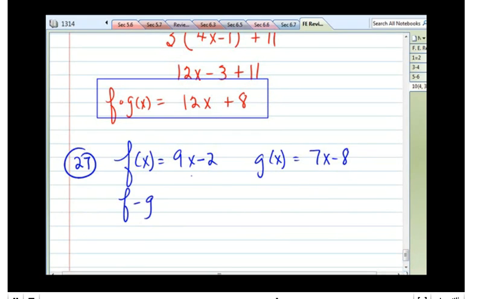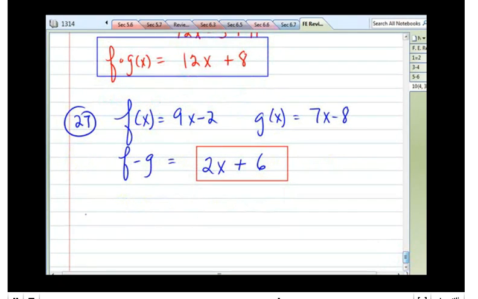What is 9x minus 7x? 2x. And negative 2 minus a negative 8? So that'd be plus 6. And there's our answer. So that one's not bad.